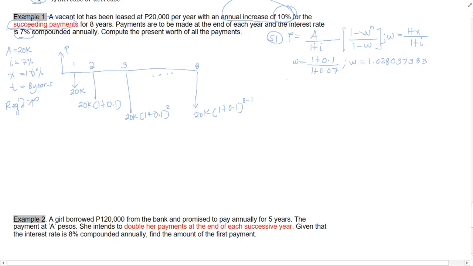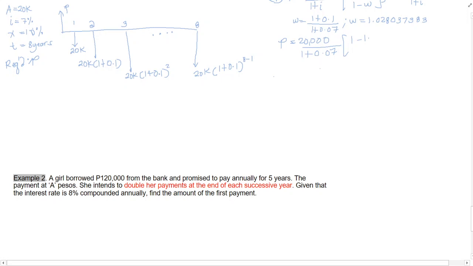Writing that, P is equal to 20,000, that is given, the annuity, divided by 1 plus I, which is 0.07, multiplied by 1 minus 1.028 and so on, that is supposed to be raised to 8.